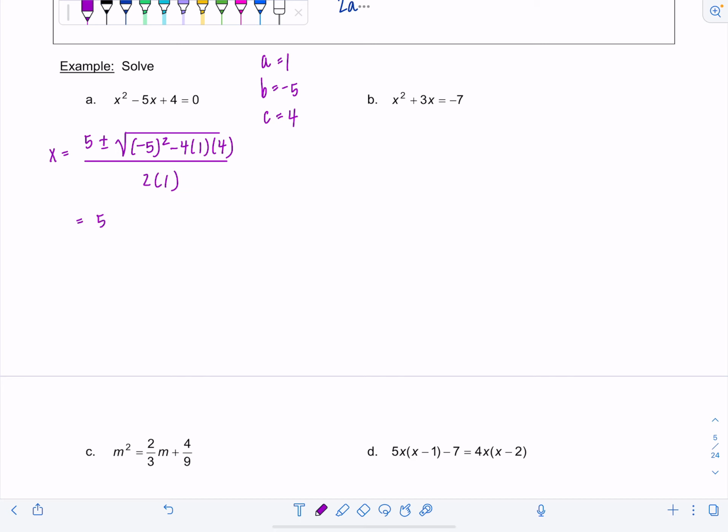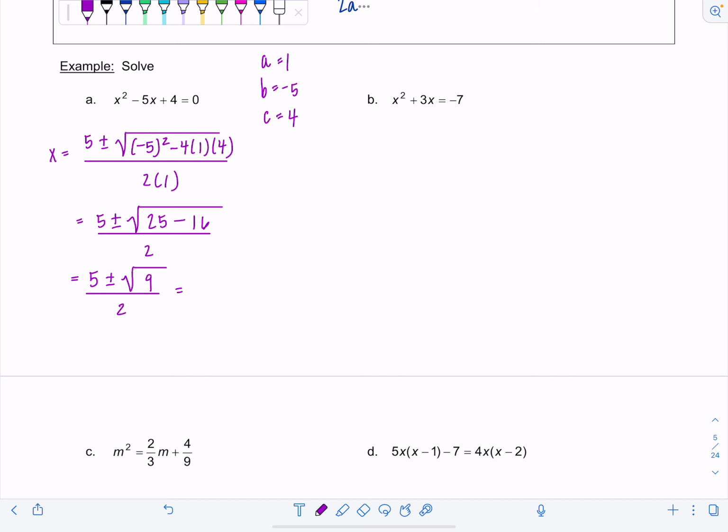All right, so this is 5 plus or minus the square root. Negative 5 squared is 25, minus 4 times 4 is 16. This is all over 2. So we have 5 plus or minus the square root of 25 minus 16, oh, that's 9, over 2.